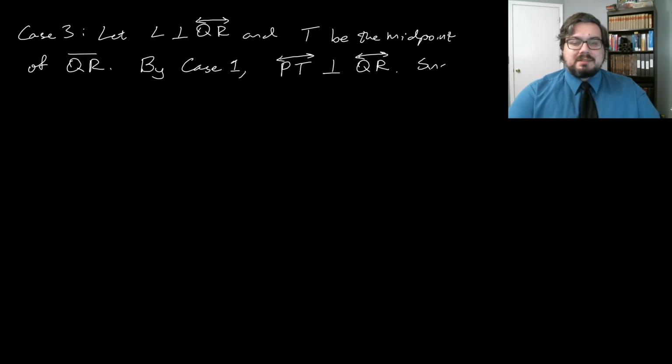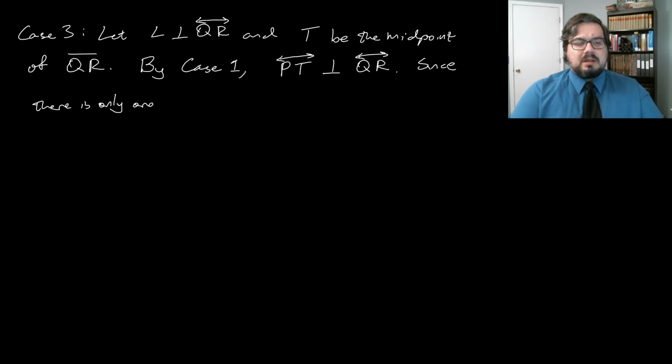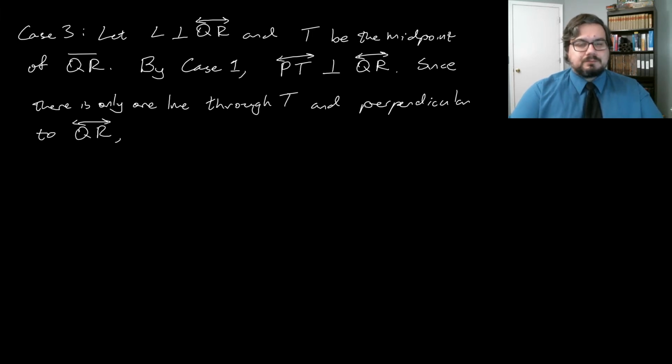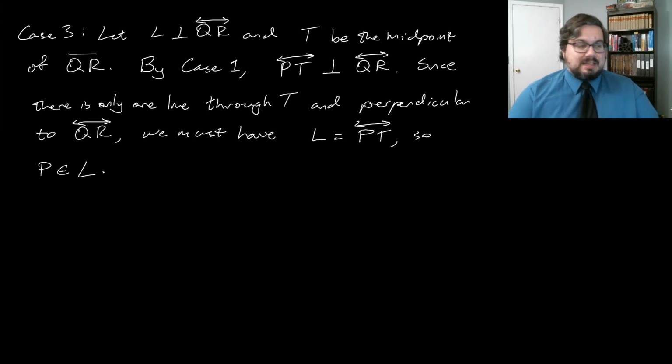But since there is only one line through T and perpendicular to the line QR, we must have that L is equal to the line PT. So in particular, this means that P has to belong to L.